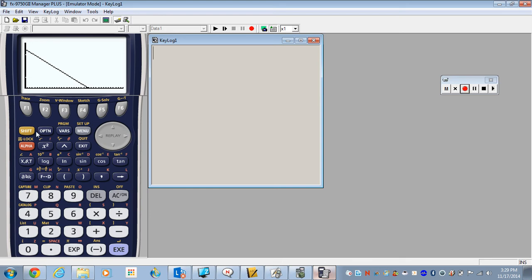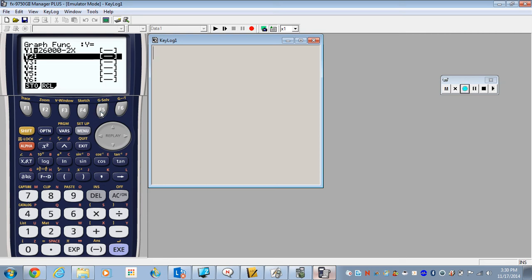So what I need here is shift and G-solve, and I think I want my roots. Yep. So here it's 13,000, is that right? Maybe I don't want my roots. Let's exit. Let's do G-solve again. Shift G-solve.